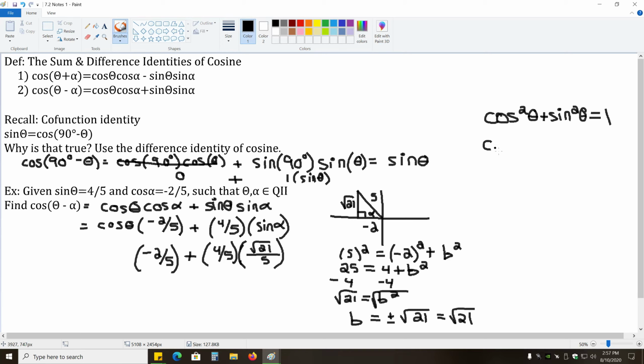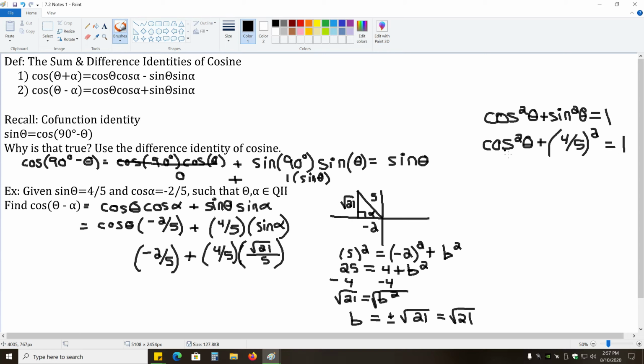So since we're solving for cosine of theta, we're going to plug in sine of theta, which is 4/5. So we get 4/5 squared, since it's sine squared.